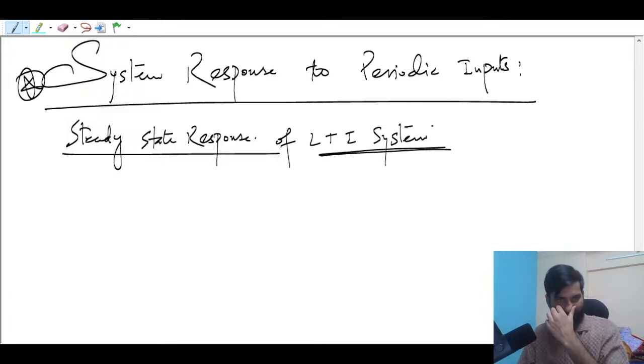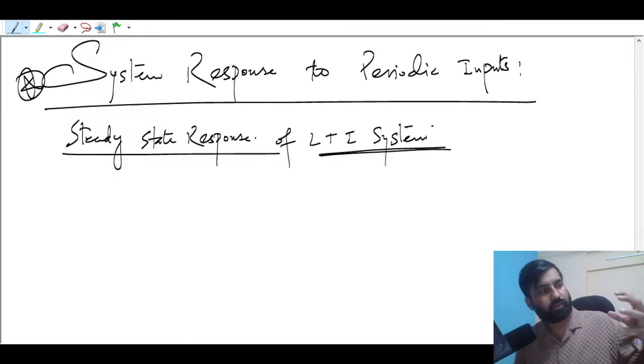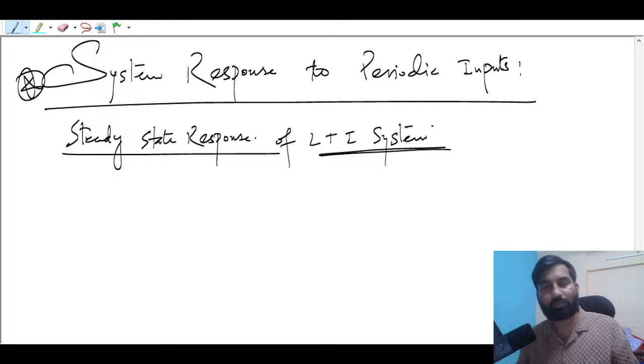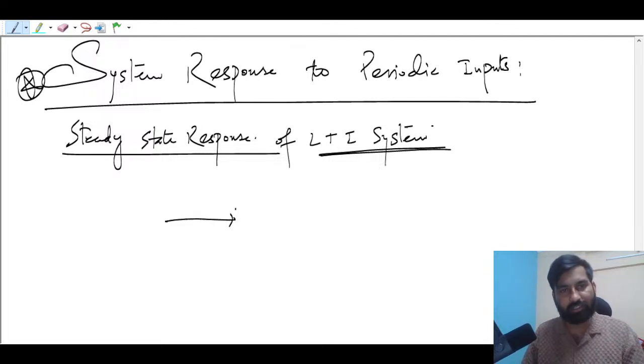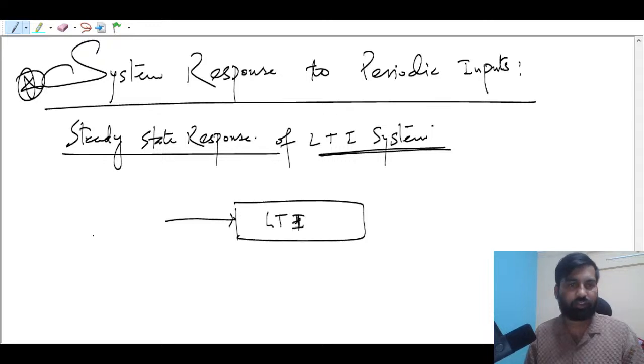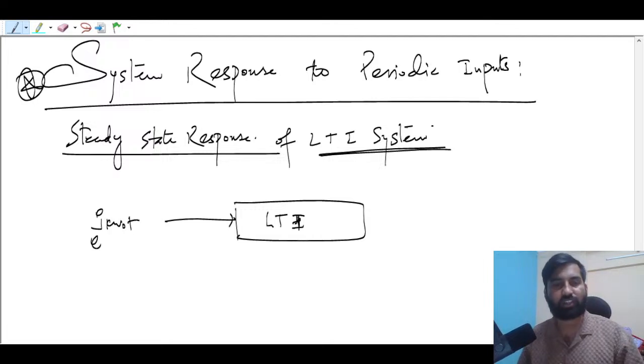So we have already seen, right, if you give a complex sinusoid to the LTI system like this. Suppose you have an LTI system, and you're giving input as e raised to power j k omega naught t, so what is the output here?